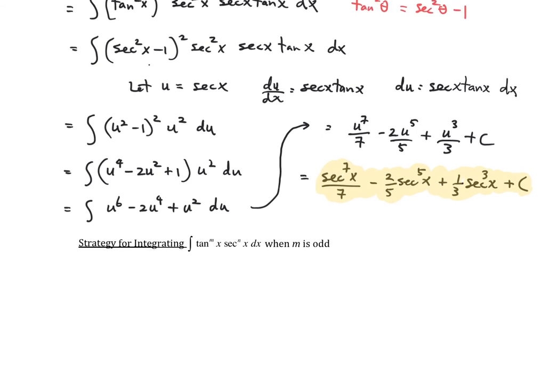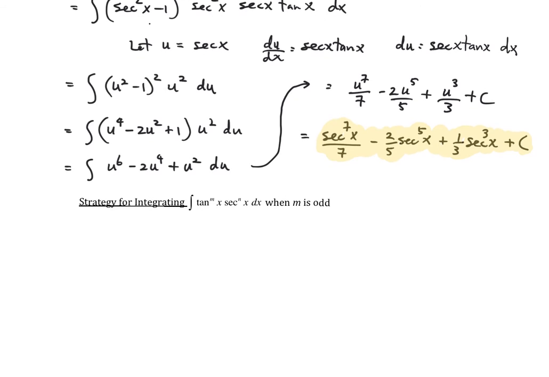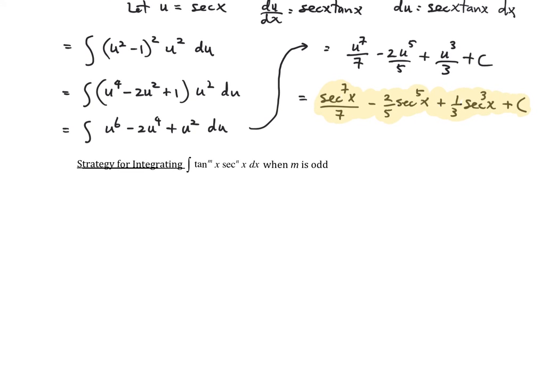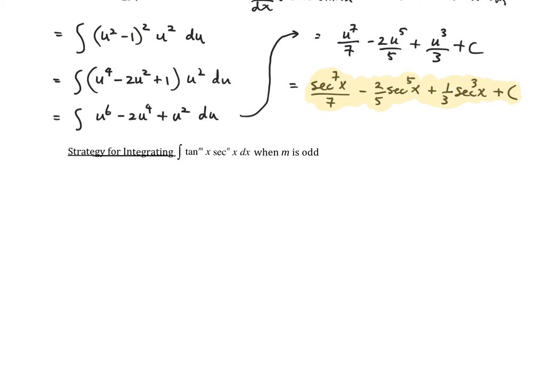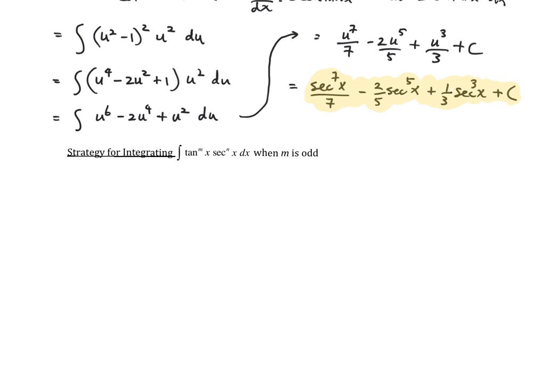So let's outline our basic strategy for integrating integrals involving tangent and secant. This time, we really care that the power associated with the tangent, namely m, is odd. So when we have this situation, we're going to do the following. The first thing we're going to do is we're going to peel off a secant x and a tangent x.